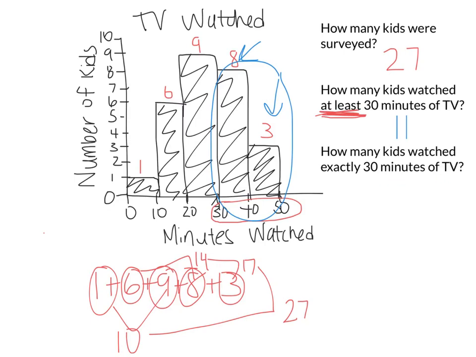So in a histogram, can I tell exactly how much TV every single kid watched? No, I can't tell the exact numbers. I know there's 9 kids who watched between 20 and 30, but I don't know if they watched 20, 21, 28, 29. I don't know the exact numbers. So do I know how many watched exactly 30? No, I don't know.